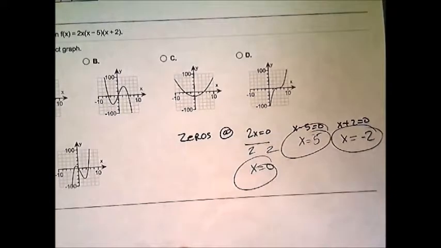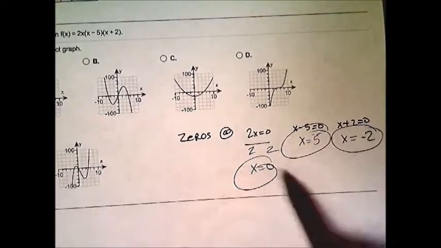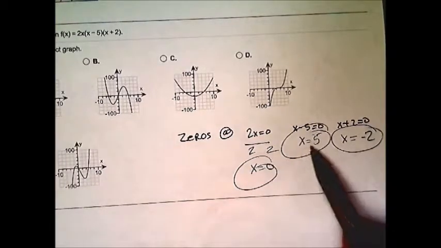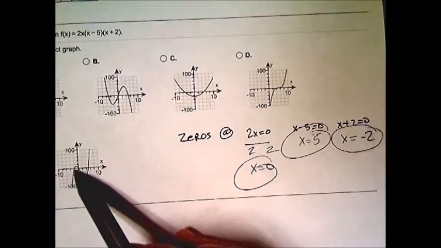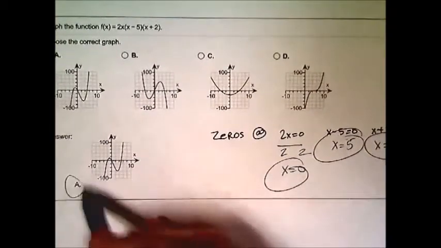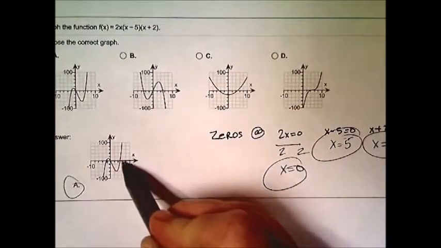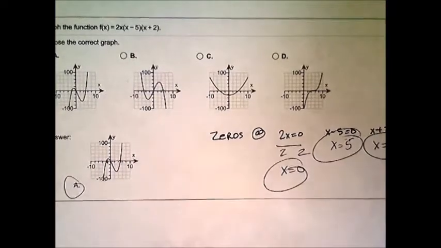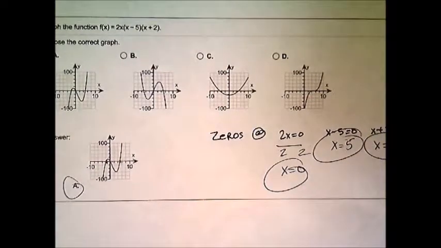So it's going to have those zeros, at 0, at negative 2, and at positive 5. And that is answer choice A. That's at negative 2, and over here at positive 5. You could also put this one in your calculator.